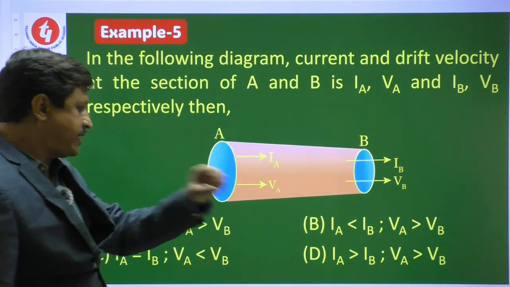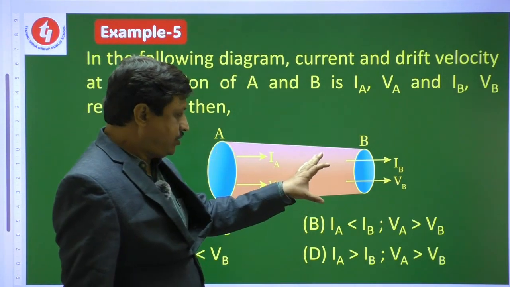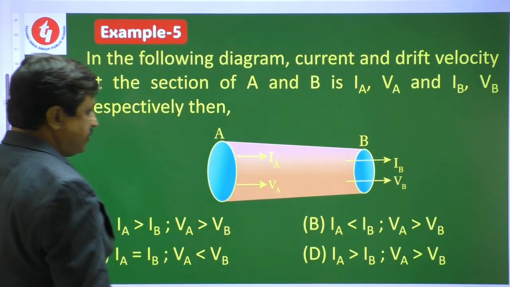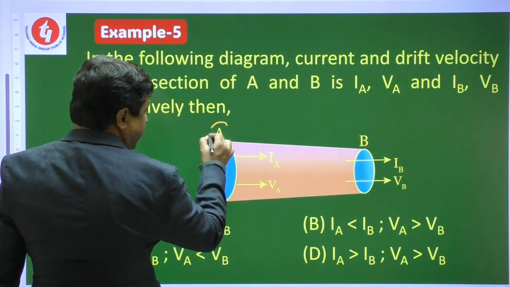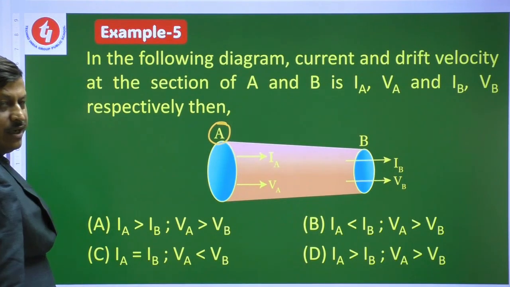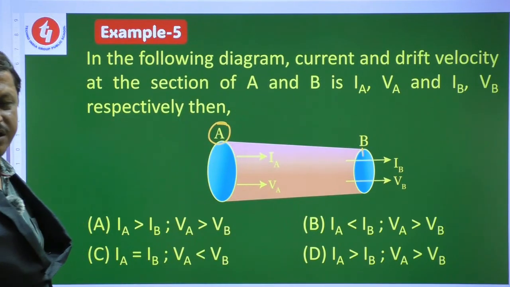Then which one is correct? In this diagram, the cross-section area at A is greater, and in section B the cross-section is lesser.